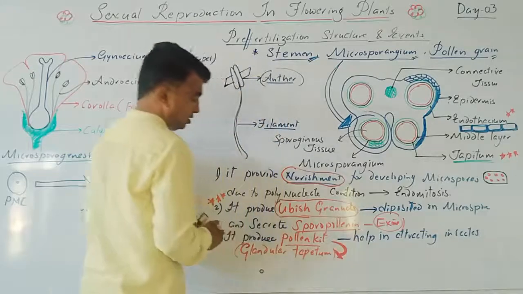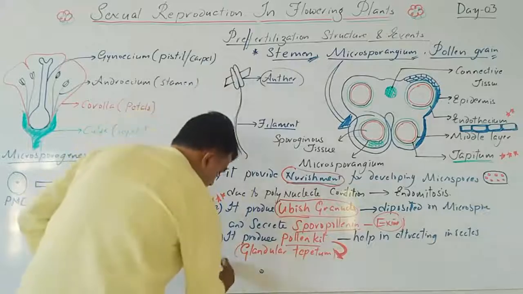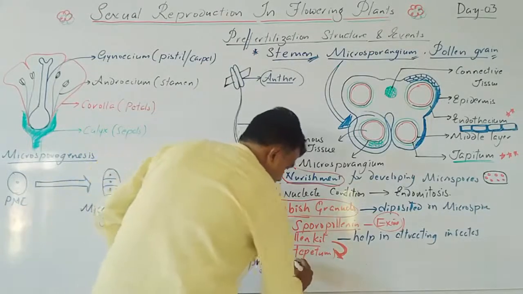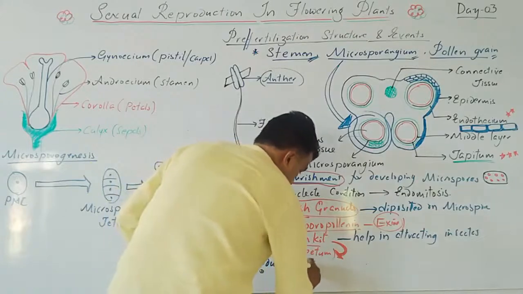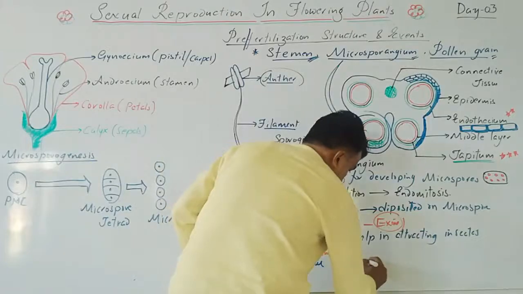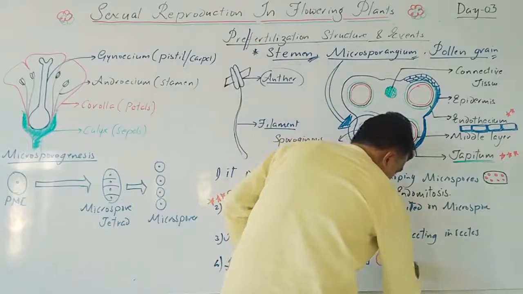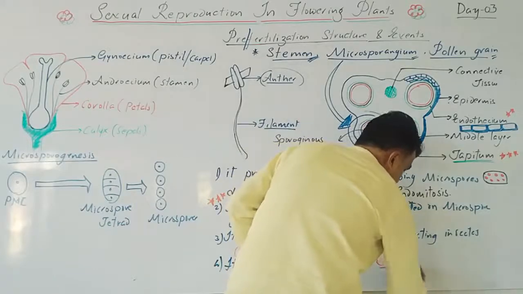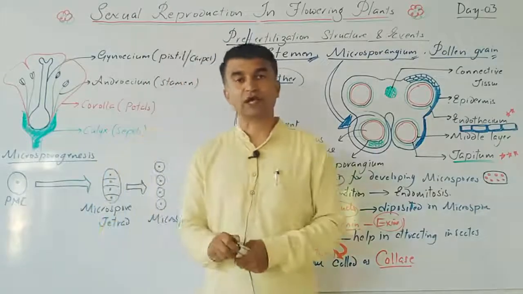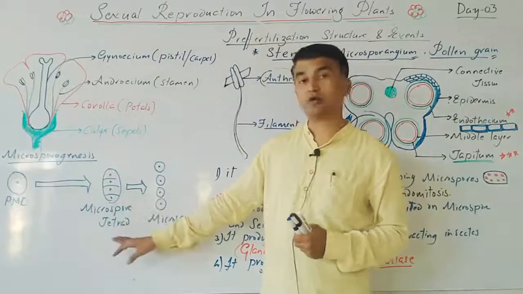Next function, it produces one more enzyme. The fourth one, it produces an enzyme called callase enzyme. In the last class you heard that all the microspores in a sporad are attached as a tetrad.